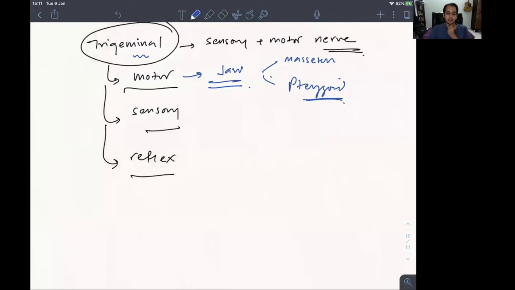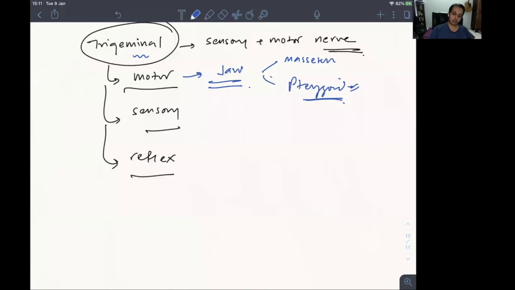Now, your pterygoids act in the lateral movement of your jaw, and when both the pterygoids act together, then you are pulling the jaw up, and you can also protrude it. So you ask the patient to move the jaw from side to side, and then you move it against resistance. So your pterygoids are pushing. Okay.